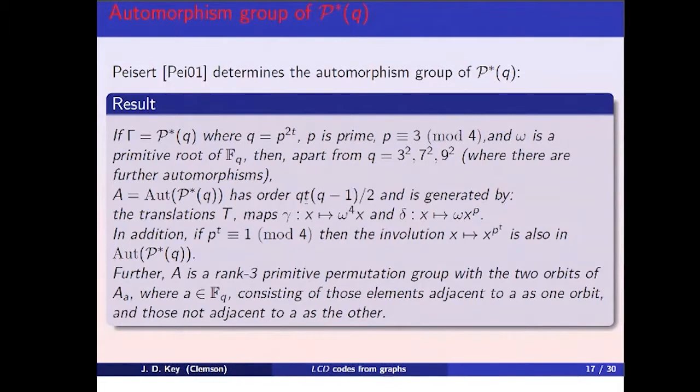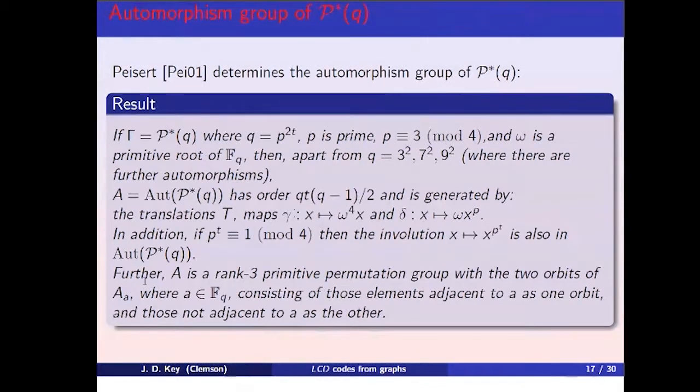It's like the affine group acting on Q basically. You've got translations and these other two maps, gamma and delta, which are a little bit pesky, but reasonable to work with. And when p to the t is congruent to 1 mod 4, you actually get another one, which is not much use.